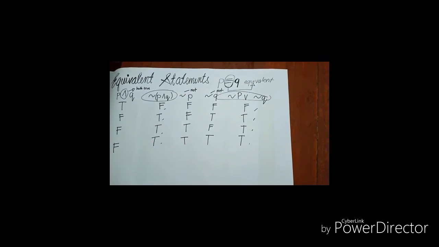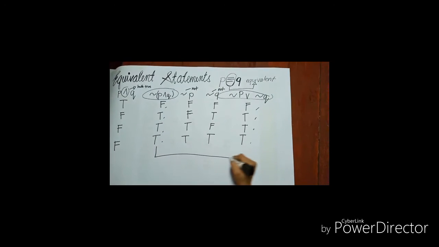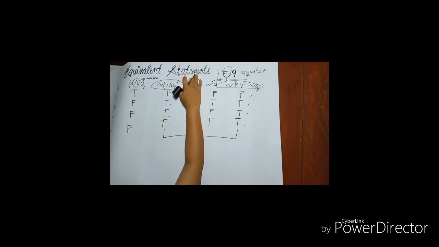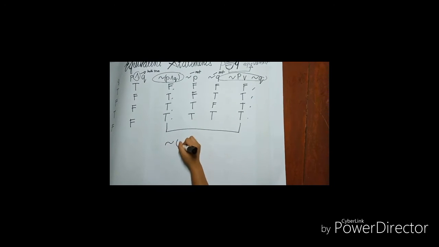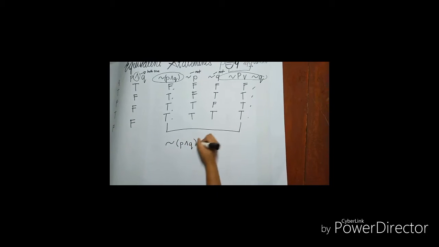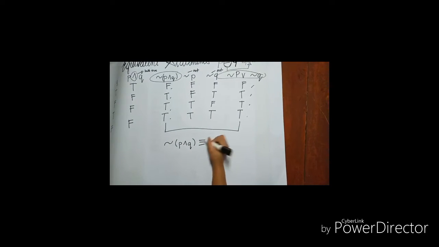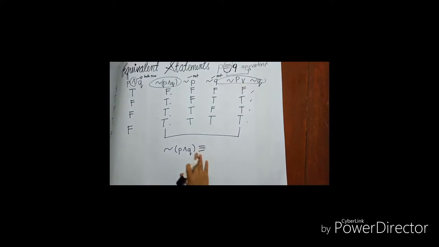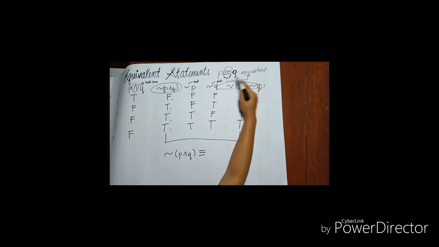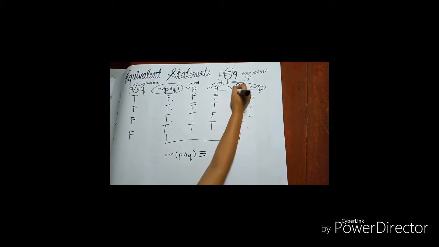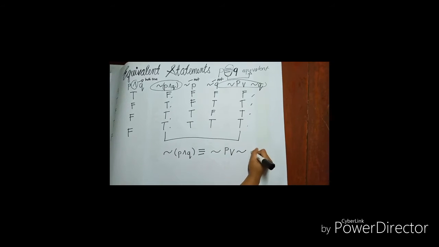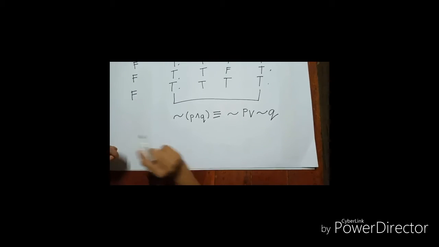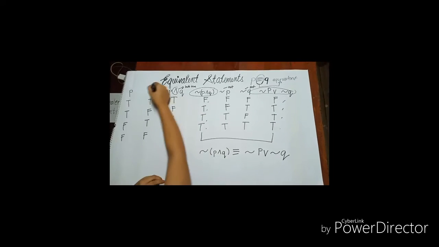So we consider them to be equivalent statements. We write that as the negation of P and Q is equivalent to not P or not Q. Remember that this three-bar sign means equivalent. That is simply how to use truth tables to determine equivalent statements.